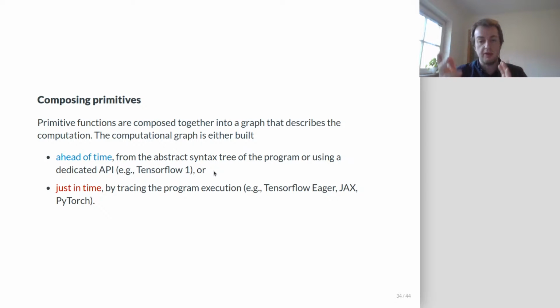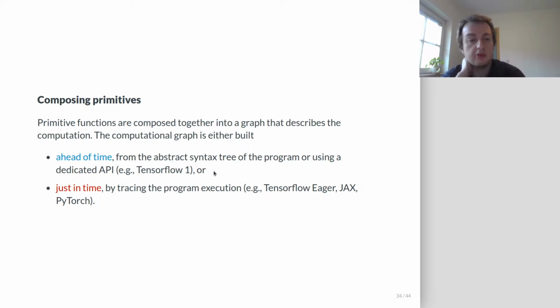And then depending on the framework that you use, the graph of computation, the one that we need to run automatic differentiation, would either be built ahead of time, and there are different ways to do that, but one way would be to look at the Python code and extract the abstract syntax tree of the program, and then from this derive the directed acyclic graph of computation, right?